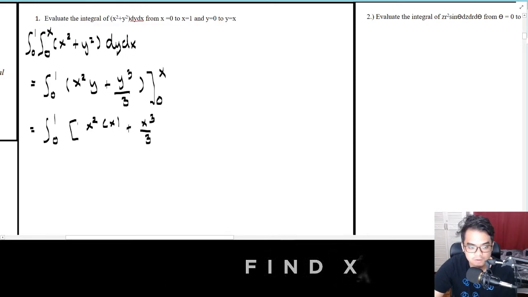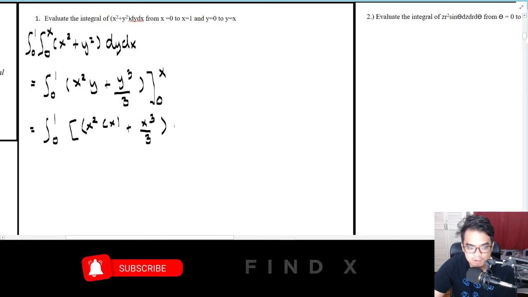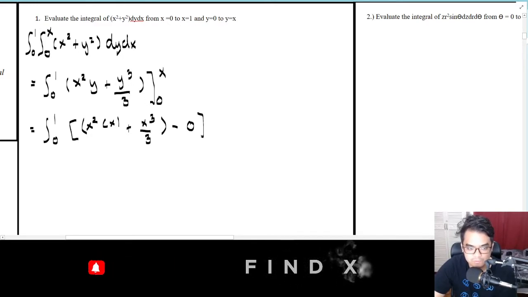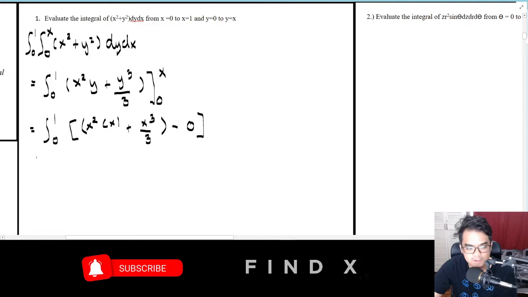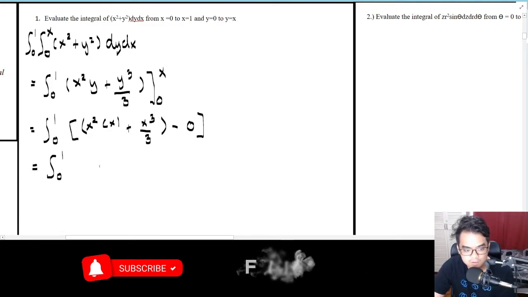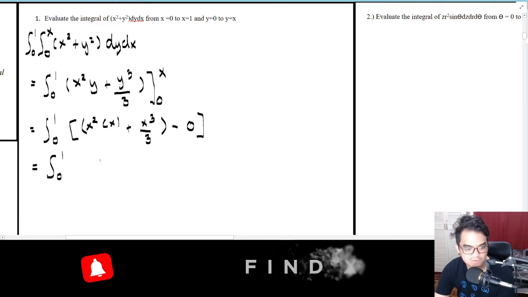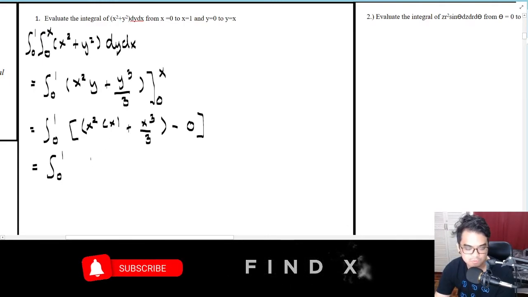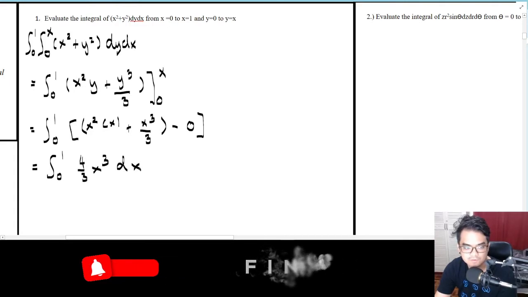The lower limit is 0, so it will just be 0 if you substitute the value of 0. Let's simplify this again. You'll have the integral from 0 to 1 of x cubed plus x cubed over 3. Simplifying that, you'll just have 4/3 x cubed, dx.